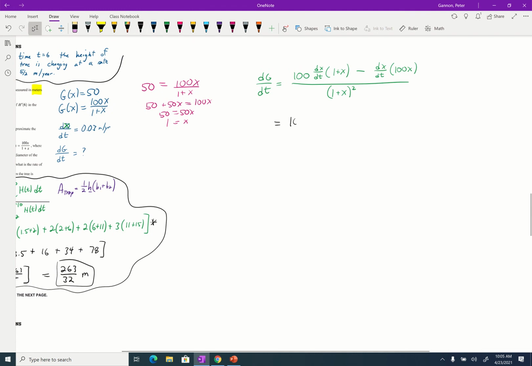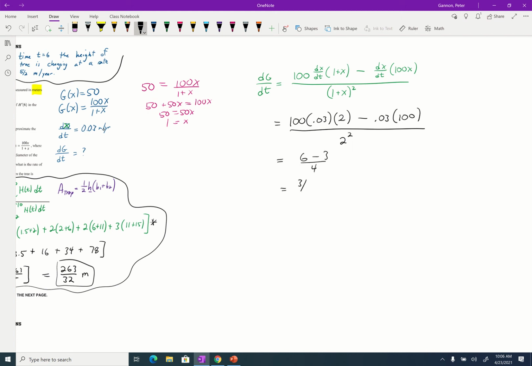So we have 100 times dx dt, which is 0.03, times 1 plus x, that's going to be 2, minus 0.03 times 100 over basically 2 squared, because 1 plus 1. So let's see, 100 times 0.03, that's 3, times 2, so 6, minus 0.03 times 100 is 3, over 4.